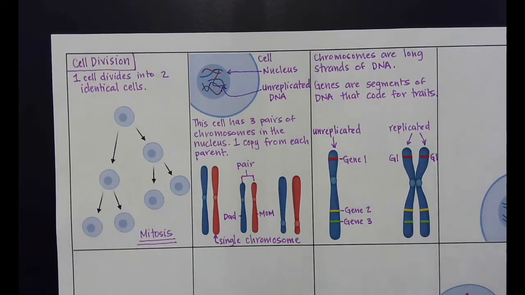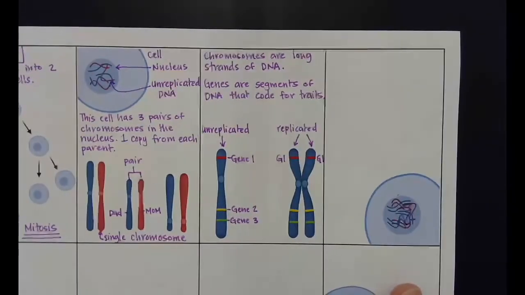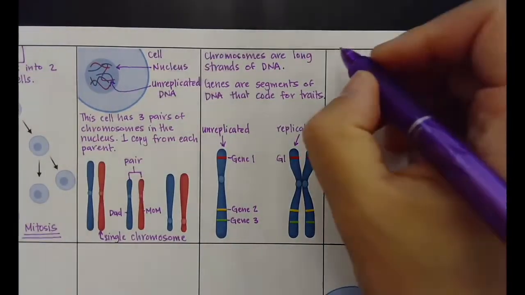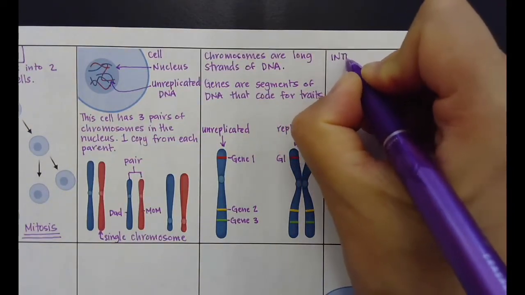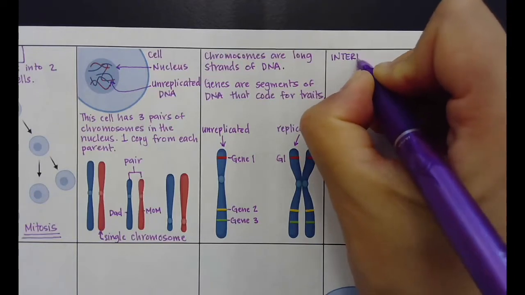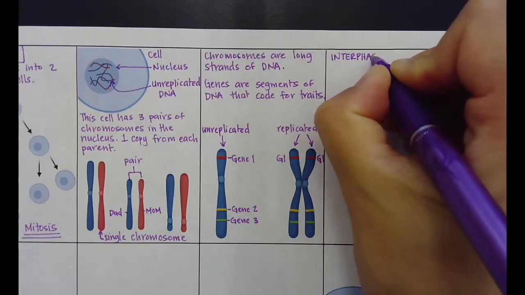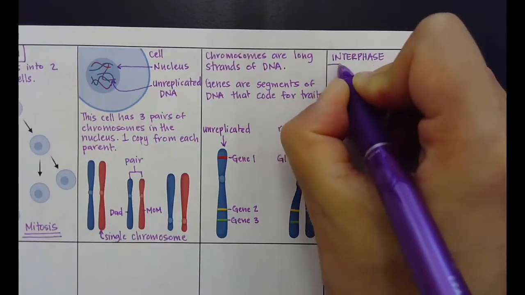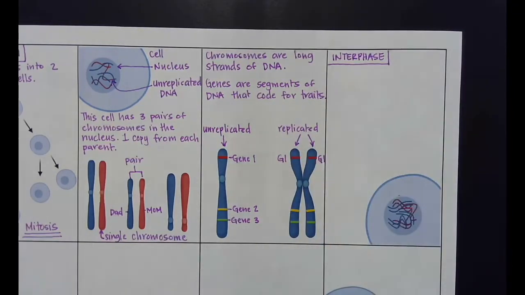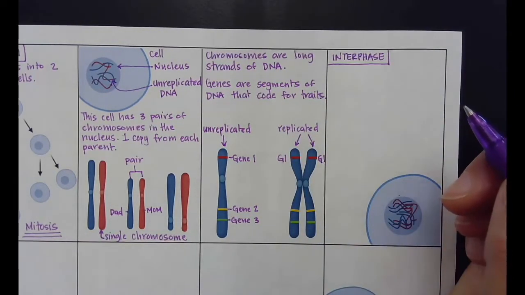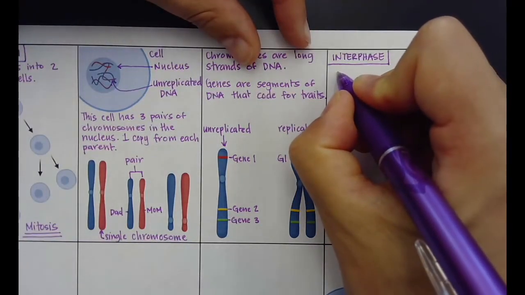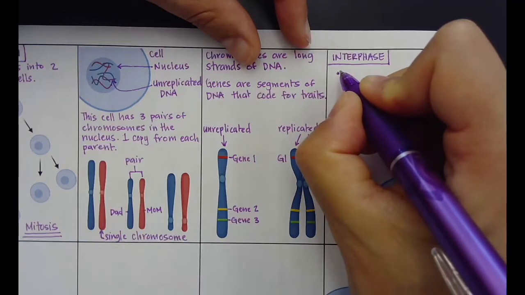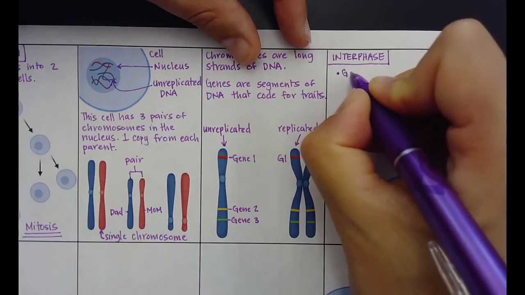The first thing that happens in mitosis, the first stage of the cell cycle, is called interphase. And in interphase, there are actually 3 different stages that occur. The first stage of interphase is called G1.